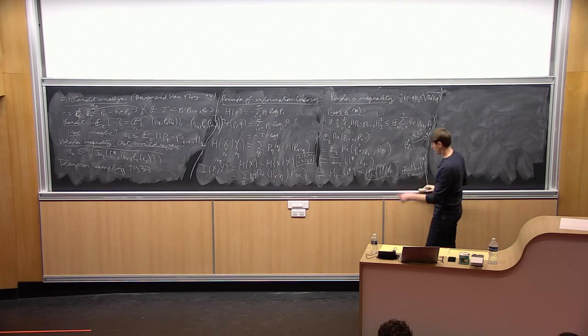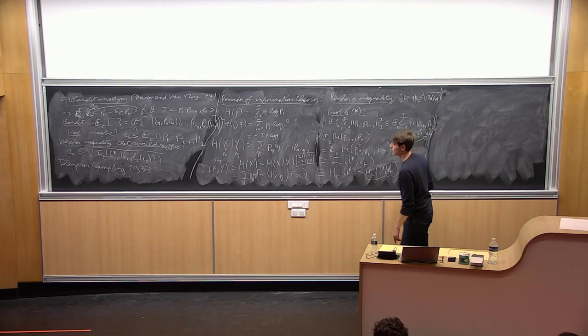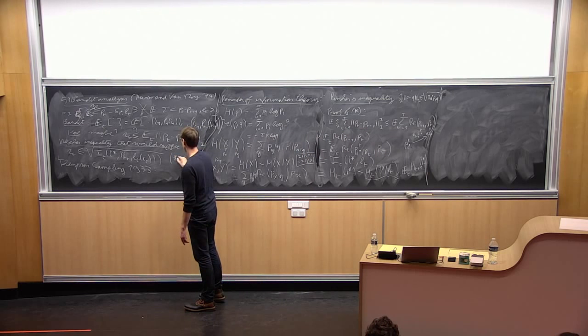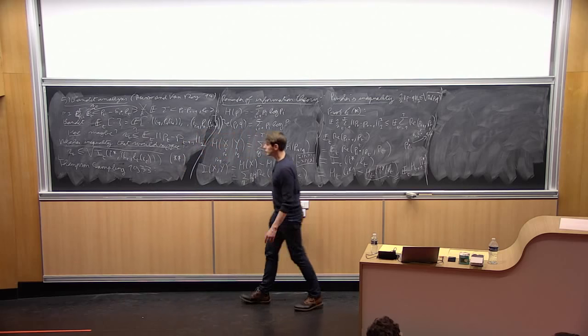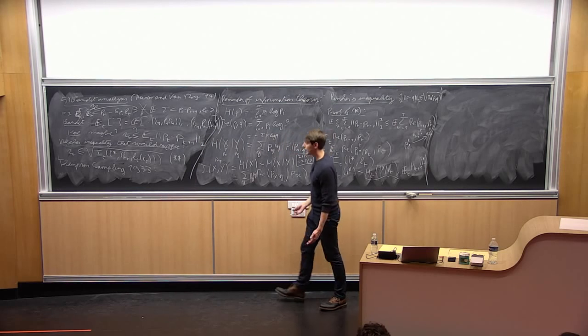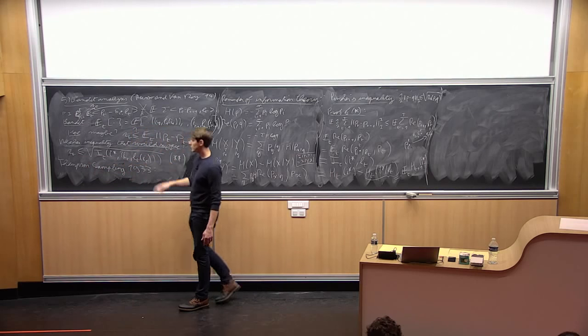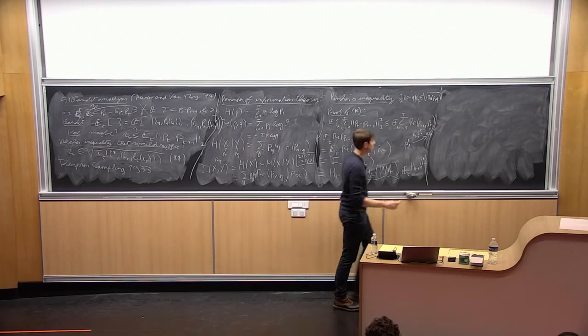So let's try to prove this new inequality, which we're going to call double star. To hope to prove double star, let's try to rewrite what our instantaneous regret is, and what the mutual information is. So some notation.